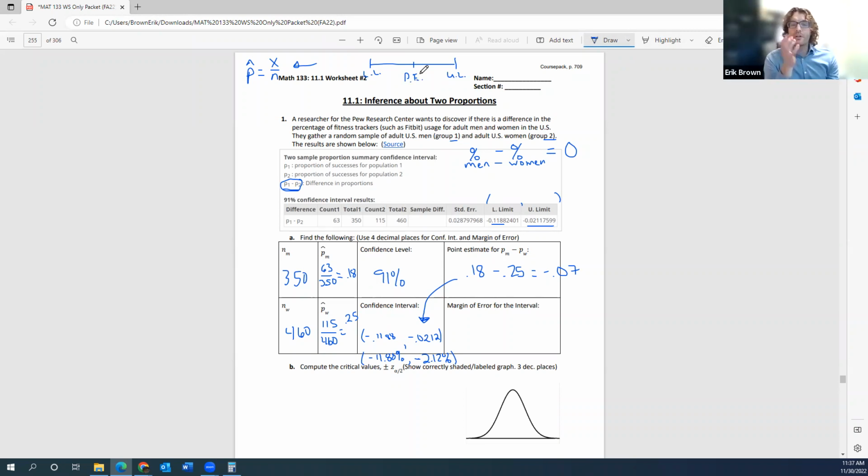In chapter 9, it was always just the p hat from the sample or the x bar from the sample. But now that we're working with two samples, it's the difference between those two sample values. So it's literally the p hat for the men minus the p hat for the women. That's our point estimate. But just like you all pointed out, we can calculate that using the upper and lower limits if we know them. So either direction is fine.